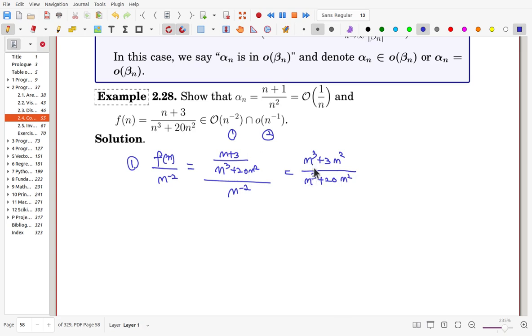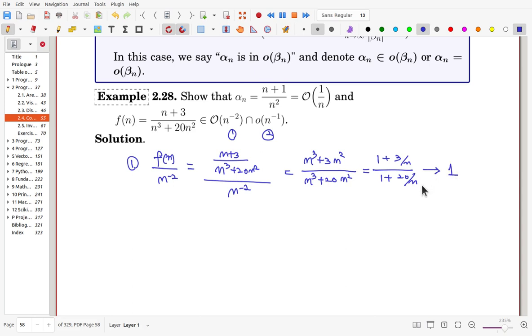This is cubic and cubic, so dividing by n cubed we have 1 plus 3 over n divided by 1 plus 20 over n. As n approaches infinity, these two terms will approach 0, so eventually this ratio will converge to 1 as n increases.